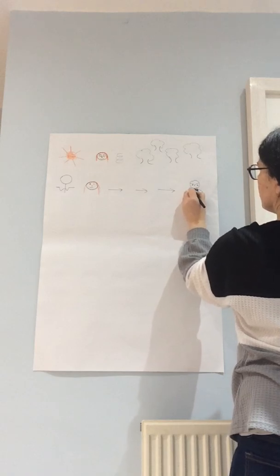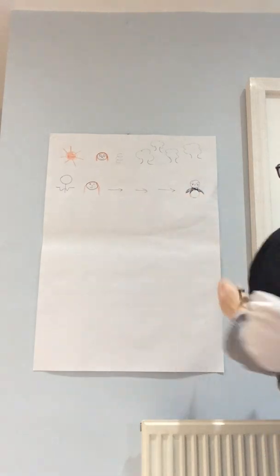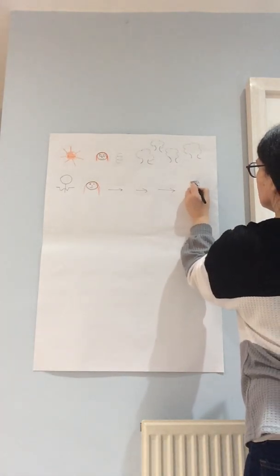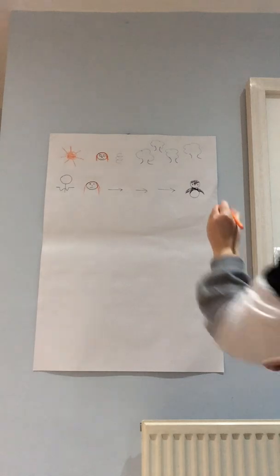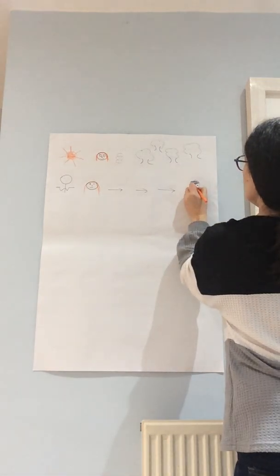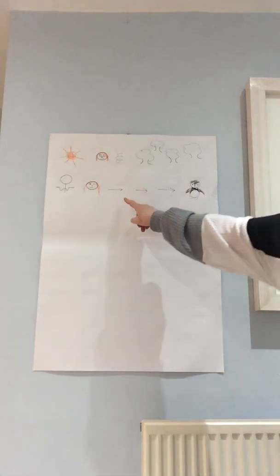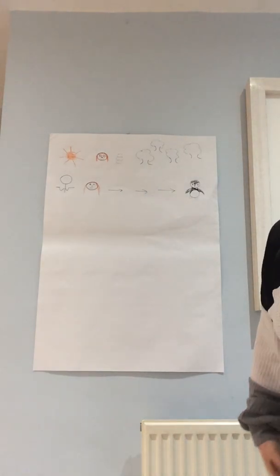His chest really, isn't it? There we go, there's my penguin. And the top of his head needs to be black as well. And he just needs a little yellowy orange beak. And his feet. There we go. So she walked and she walked and she walked until she met a penguin.